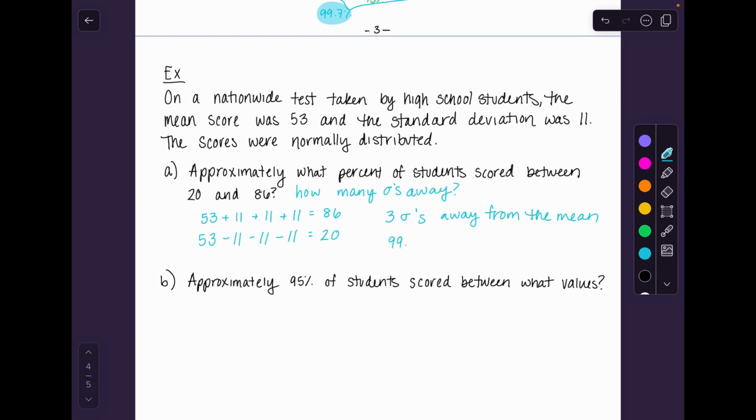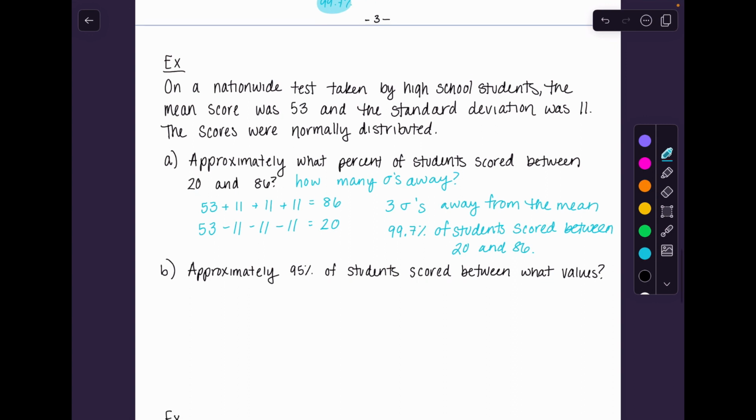So 99.7% of students scored between 20 and 86. Okay. So we're basically just trying to see again, how many standard deviations away are we?